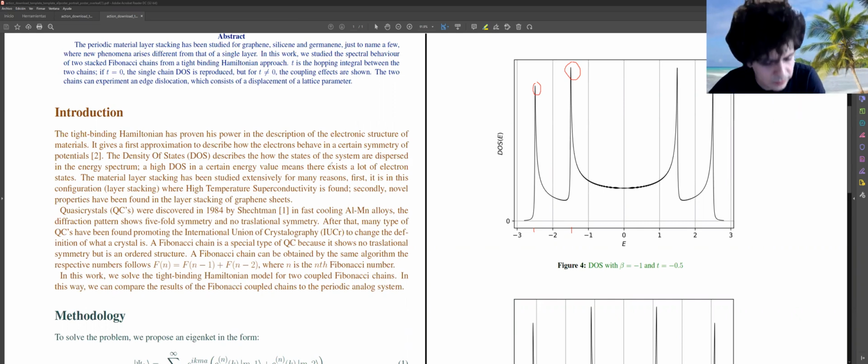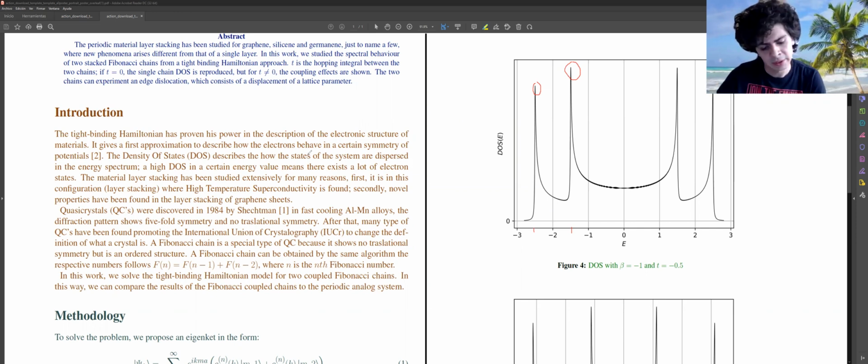Also, atomic layer stacking is a reality nowadays, thanks to sputtering, deposition, and many other techniques, so this problem is not far from reality if we want to study it.